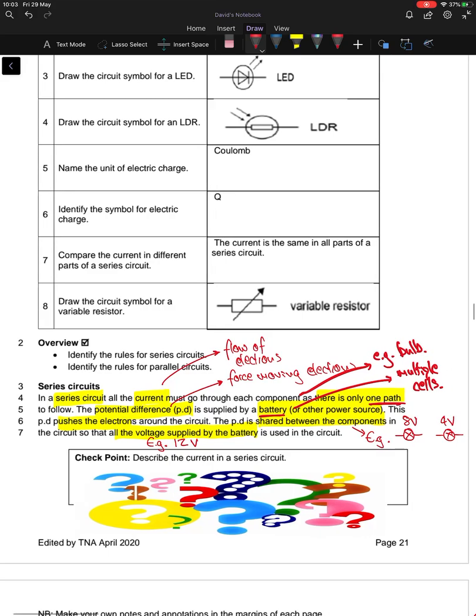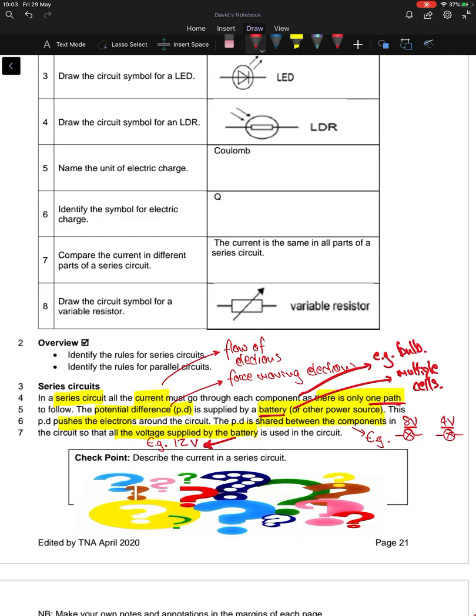So if you imagine, for example, a battery that supplies 12 volts of potential difference, then if we had 2 bulbs, we could have a bulb at 8 volts and a bulb at 4 volts, and they would be sharing the voltage. So that's just how potential difference occurs within the series circuit.